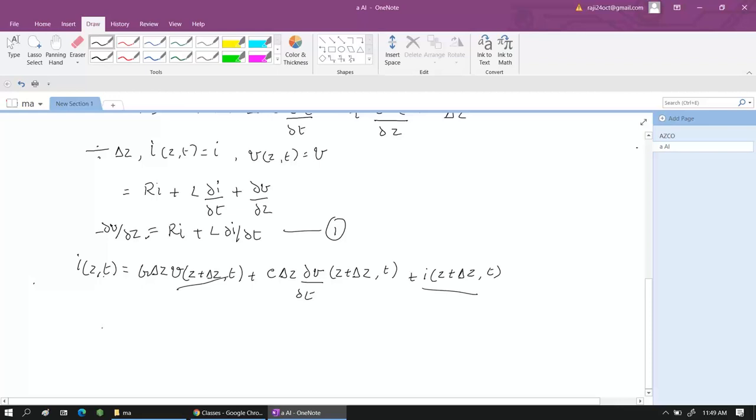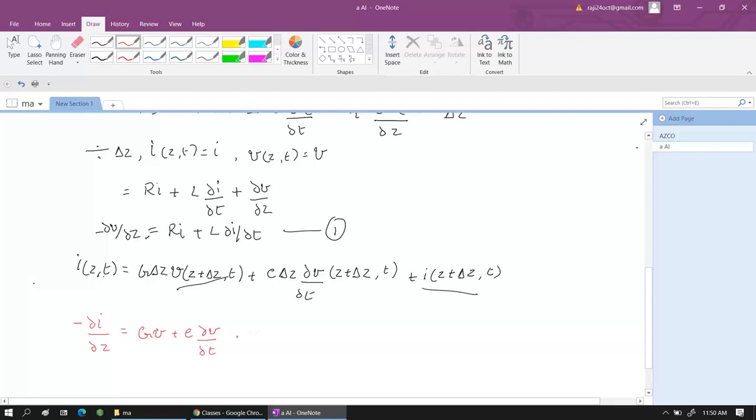The equation looks similar to the previous equation, and I'll simply write it. I want you guys to simplify that. It will be minus dou I by dou z is equal to G V plus C dou V by dou t.